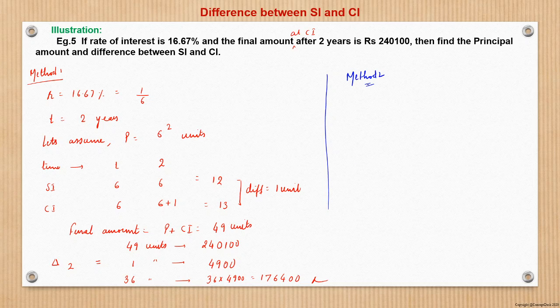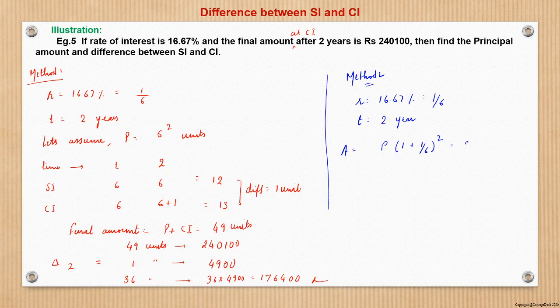We may note that this method 1 may not be very suitable in case of the difference for 2 years, right? So in that case we should go with the generic method only. Here R is 16.67%, which is 1 by 6, right? Time is 2 years. So we know that compound interest amount is nothing but principal into 1 plus R raised to power 2, right?